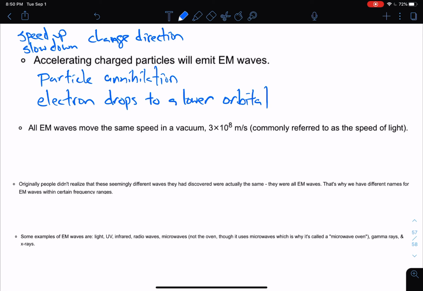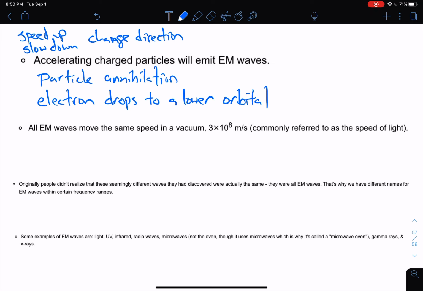Let's realize that everything that we interact with in our daily lives is made up of protons, electrons, and neutrons. In other words, everything that we interact with is made up of charged particles. And we know that those charged particles are moving. We know that the individual atoms and molecules are moving because we know that the objects that we interact with have a temperature above 0 Kelvin.